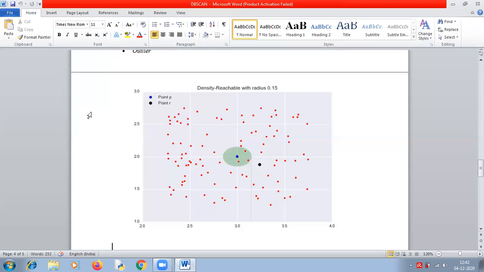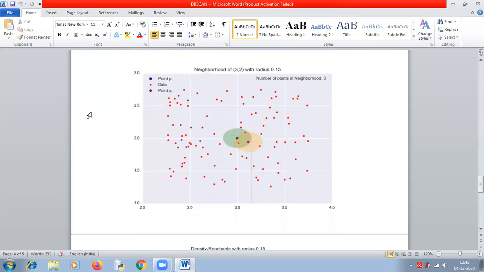Now let's see the neighborhood of point Q. So we have point P, that is the blue point, and point R, that is the black point. Now we have another point Q, and we will explore the neighborhood of point Q. This point Q is directly reachable from P. So let's scroll down.